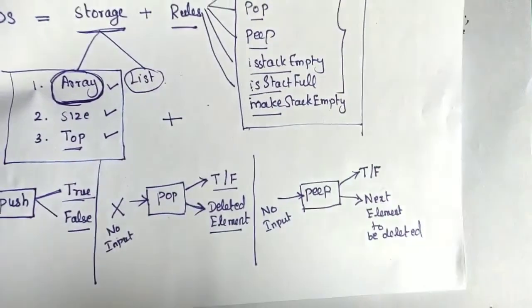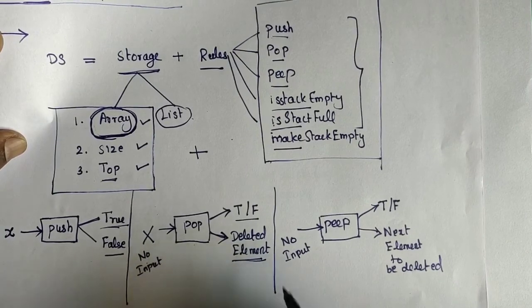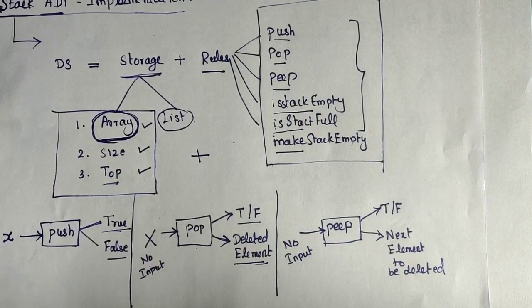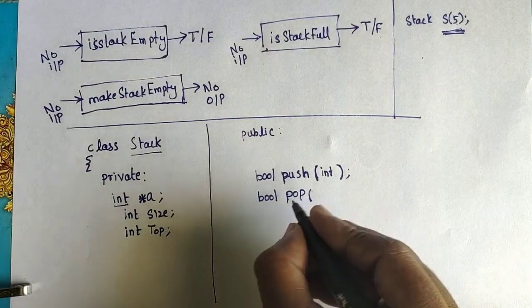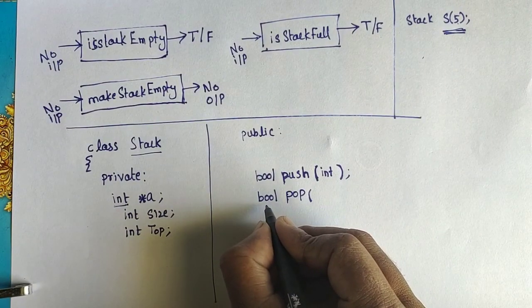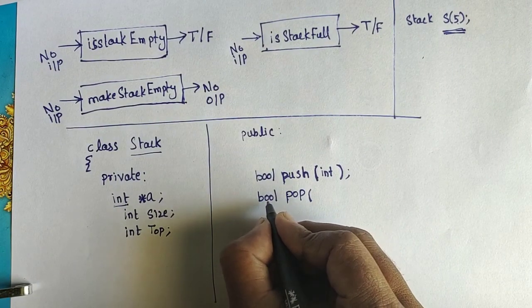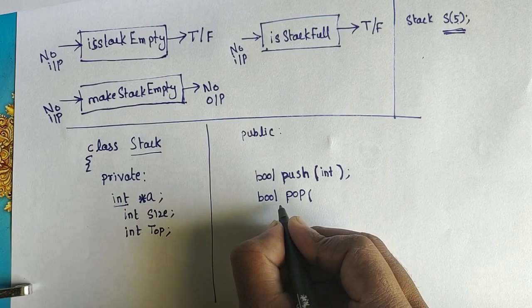The next thing is the deleted element, which I also need from pop. Two outputs for a function are possible with the concept of call by reference. So one output is returned by the return value, true or false, and another output is the deleted element.